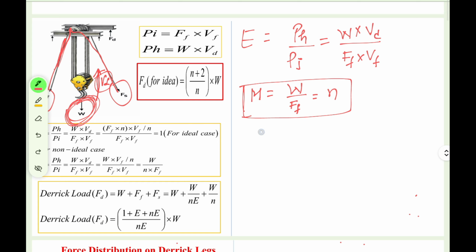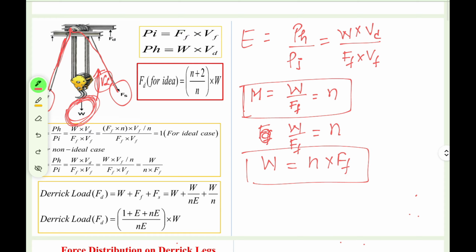So from here, if I have to write the value of W, W by Ff is equal to n. So W is equal to n into Ff, right? This is the calculation. So we can write W as n multiplied by F, and this is only possible in the ideal condition, right?